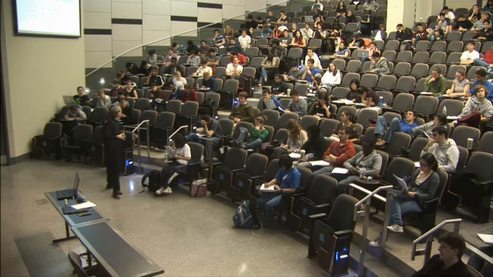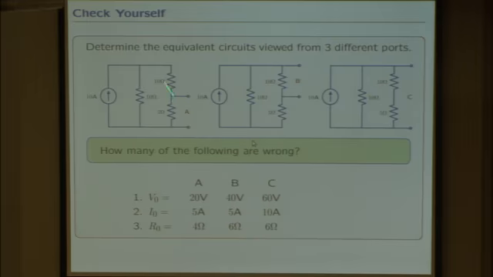Short circuit current. So what I would do is I would short this out. When I do that, all of the current flows in this leg, and none of the current flows that way. So that means I have equivalently 10 ohms in parallel with 10 ohms. Then by the current divider, how much current goes down one leg?